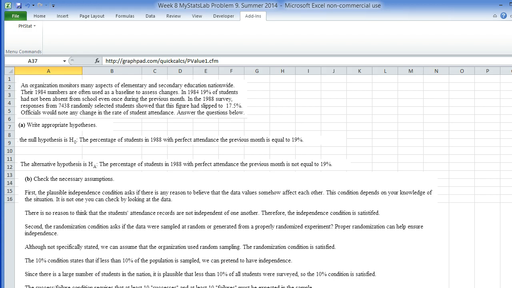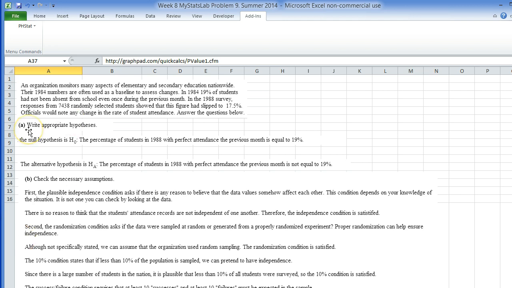In the 1988 survey, responses from 7,438 randomly selected students showed that this figure had slipped to 17.5%. Officials would note any change in the rate of students' attendance. And we have 4 questions that we are asked to answer.